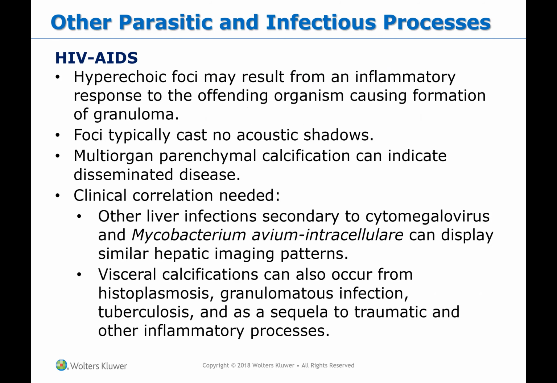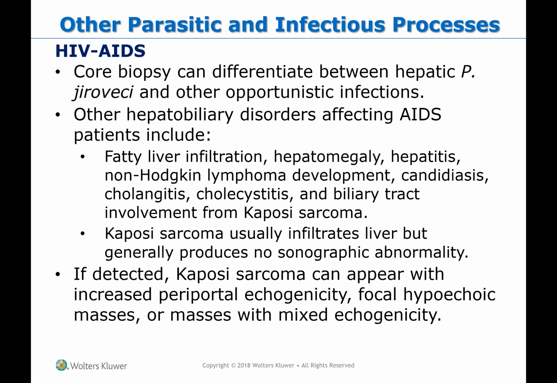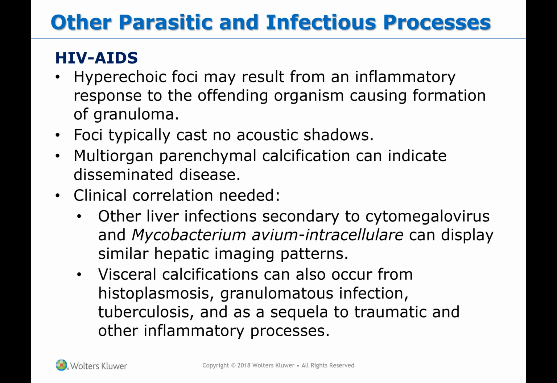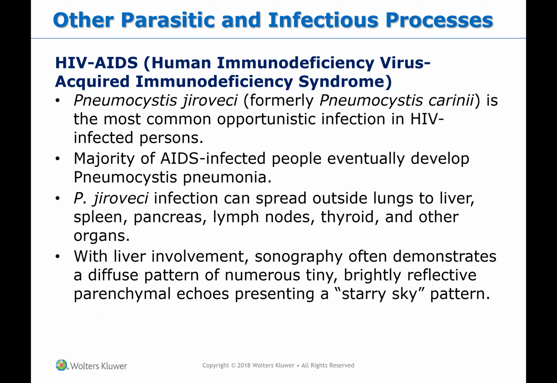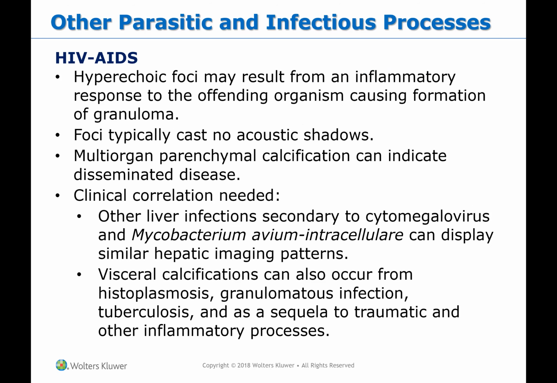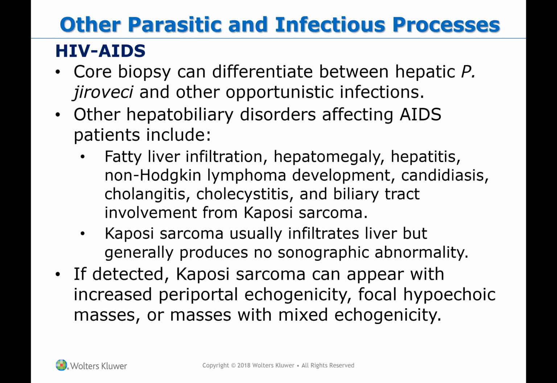Now, I just want you to know for this that a patient with HIV or AIDS has a higher chance for a lot of different infections. One of the most common masses in the liver with HIV and AIDS is Kaposi's sarcoma.